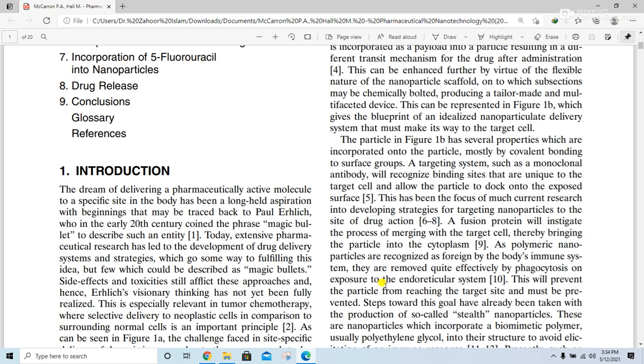Polymeric nanoparticles are recognized as foreign by the body's immune system. They are removed quite effectively by phagocytosis and exposure to the reticuloendothelial system, and this will prevent the particle from reaching the target site and must be prevented. Steps toward this goal have already been taken with the production of so-called stealth nanoparticles.